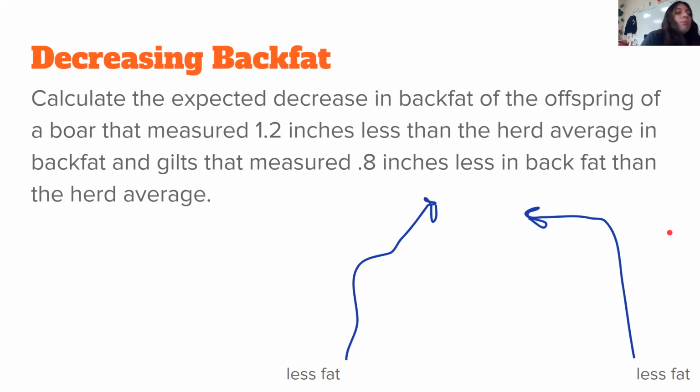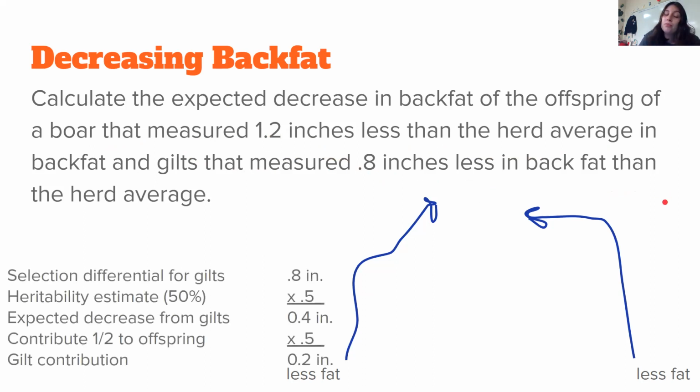So we'll do one more. And then that's pretty much it. So this time around, we are looking for a boar that has 1.2 inches less back fat than the herd average. And we're looking for gilts that have 0.8 inches less back fat than their herd average.